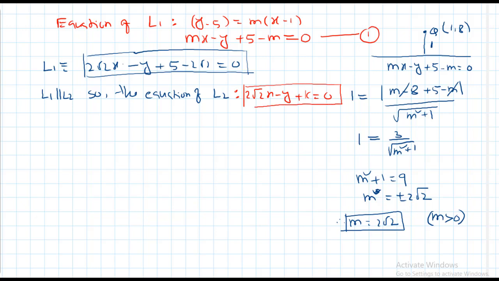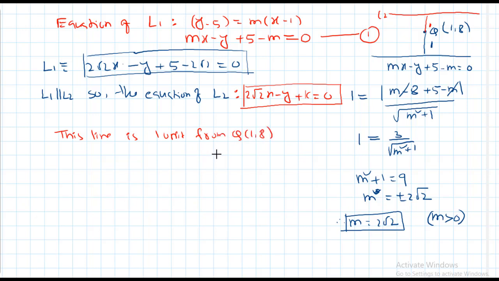Now we want to find the value of k. How can you find the value of k, Nana? So this line also is 1 unit from Q, no? So this L2 line also is 1 unit from Q. Okay, so using that concept, this line is 1 unit from Q (1, 8).